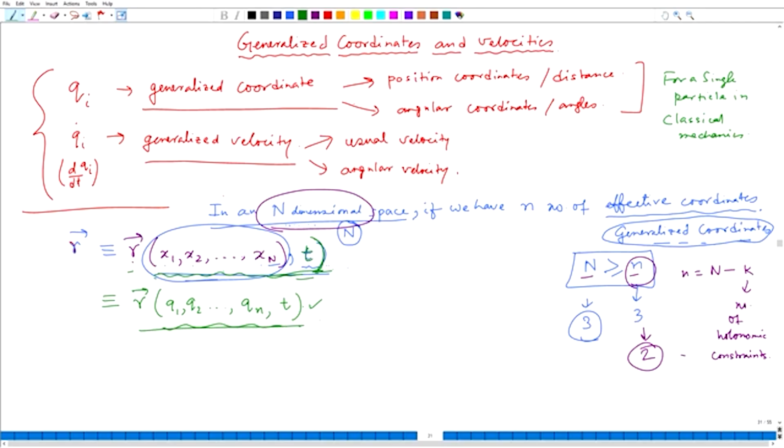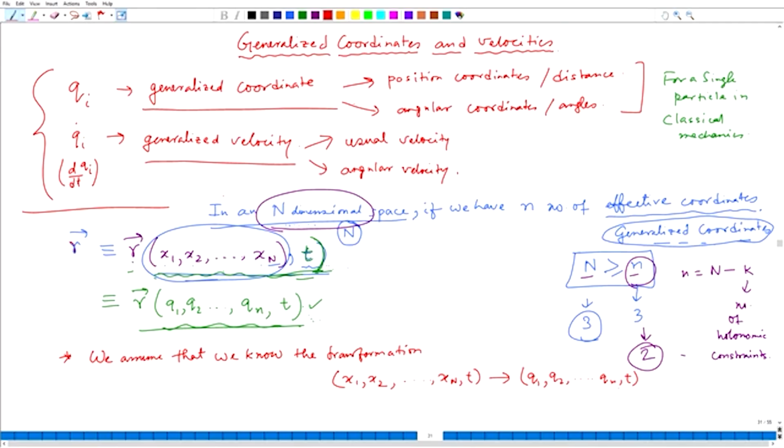Here one thing is necessary to mention, that the supposition is we assume that we know the transformation from x1, x2, up to xn, t to q1, q2, up to q small n, t.